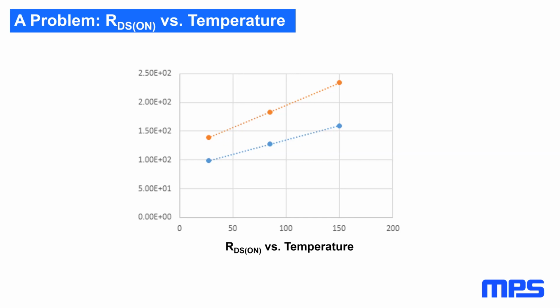But a worse problem is that the RDS on of the MOSFETs varies with temperature. This variation is due to the physics of the device, and it's pretty similar for all IC processes. This graph shows roughly what happens to the RDS on as the temperature increases. The problem here is, as the temperature increases, the RDS on increases.